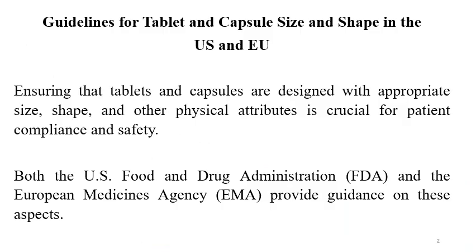These guidelines are related to size, shape and other physical attributes to ensure that tablets and capsules are designed appropriately, because these attributes are critical for patient compliance and safety. Whenever you are designing the formulation, you should consider these parameters.